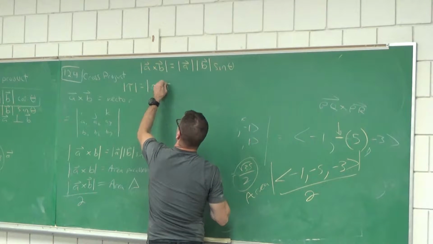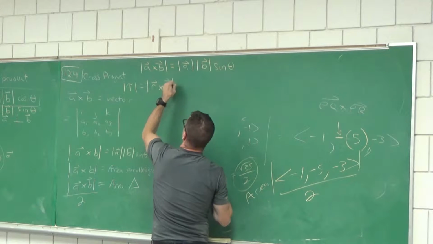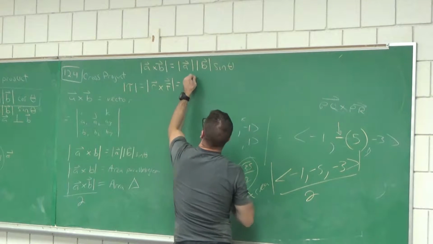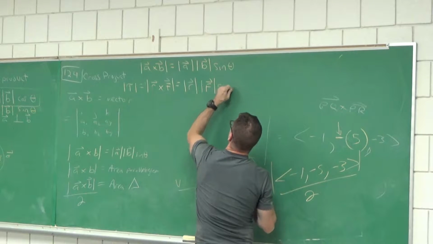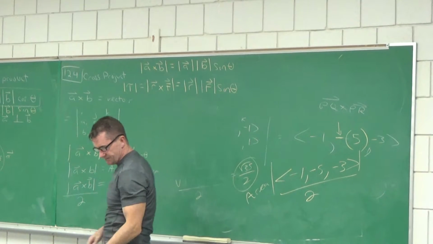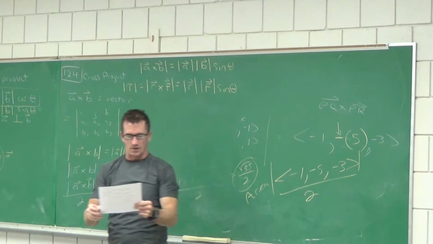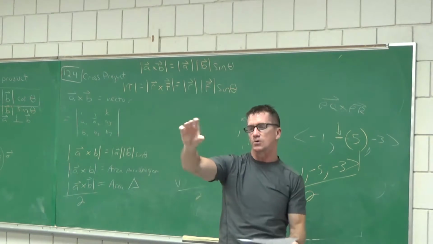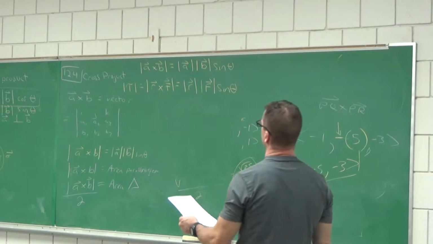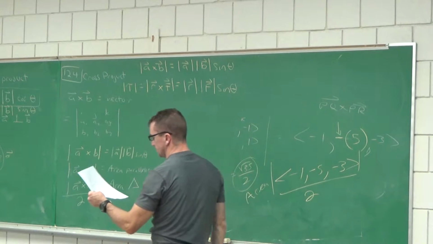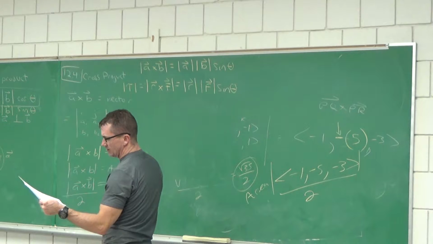R cross F, and I'll point out what these two vectors are. Magnitude of R, magnitude of F, sine of theta. The R and F, as you'll see on here, are referring to the position vector R and the force vector F. So R is the position vector, F is the force vector, and you're like, what does torque measure?